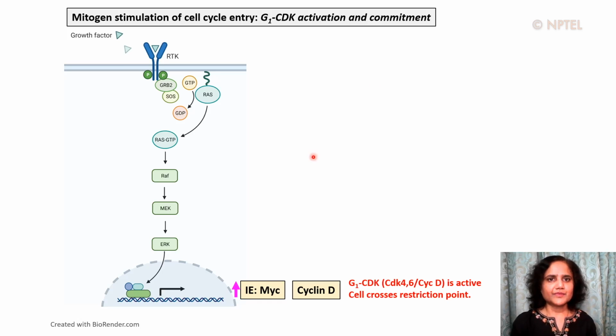So activated RAS can function as an oncogene. Now, this activation of RAS results in increased expression of many immediate early genes, including MYC, which is also another oncogene in its activated or overexpressed form.